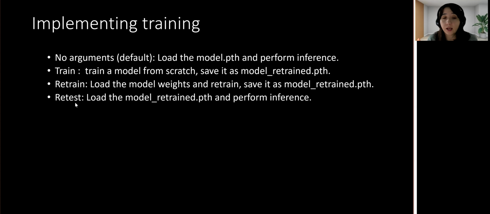And if it is run in a retest phase, then you load your retrained model file and perform inference. So as you can see, you do not really implement much; it just denotes where you start your pre-trained model.